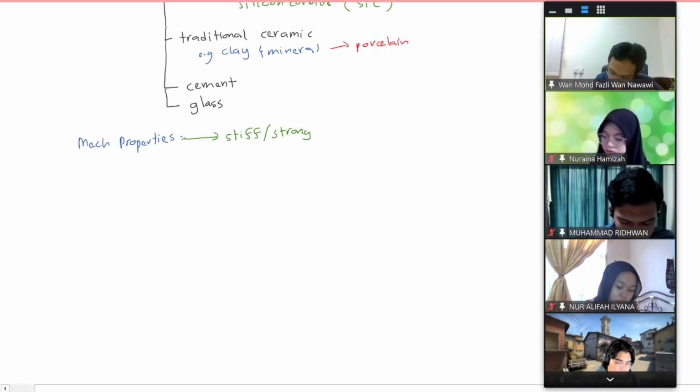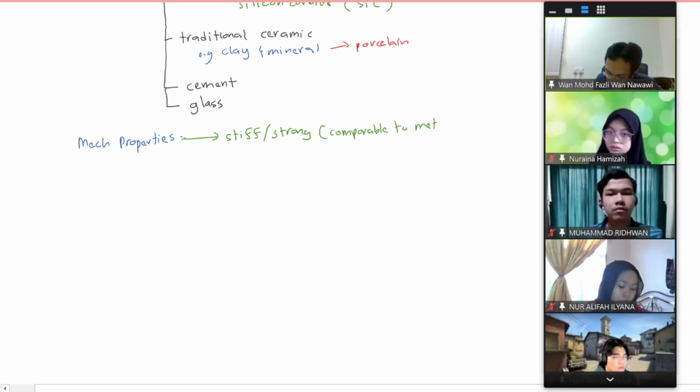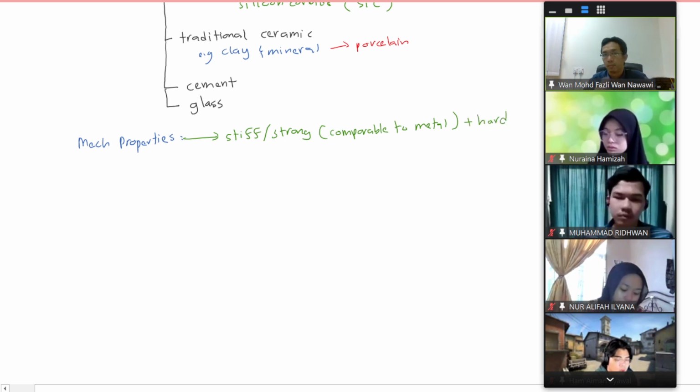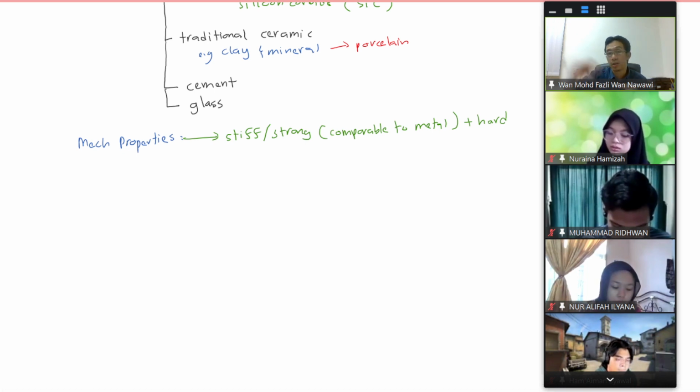Plus, the ceramic is also hard. Metal is not hard. Metal is ductile. That's why you can easily scratch metal. But it is very difficult to scratch ceramic using your nail or whatever.